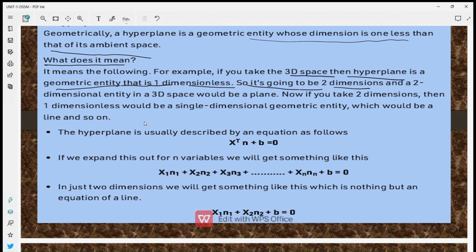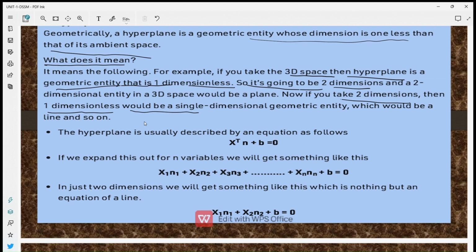That is, a two-dimensional entity in the 3D space. Now if you have two dimensions, then one dimension less would be a single-dimensional geometric entity. In the same way, when we have 2D geometry and I draw a line, it looks like a one-dimensional geometry, right?